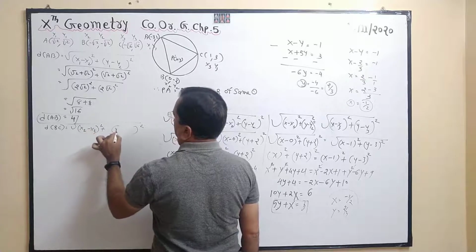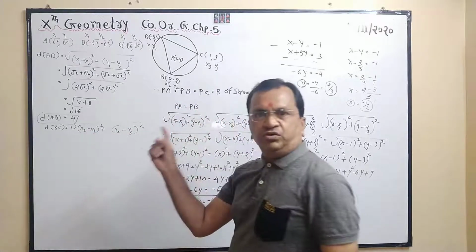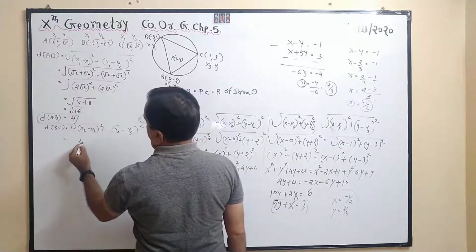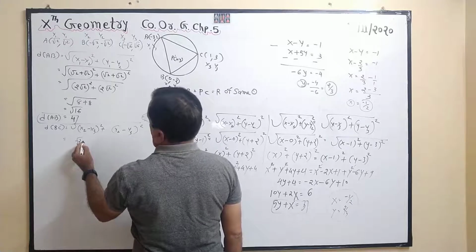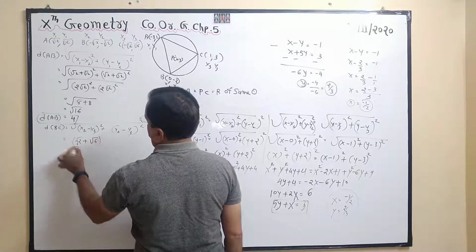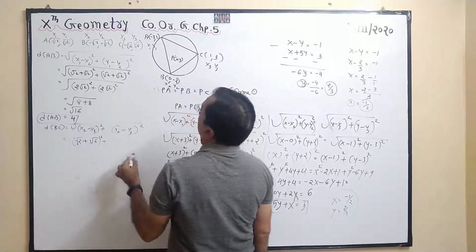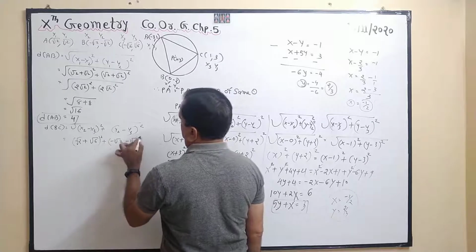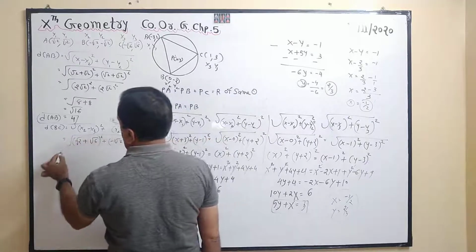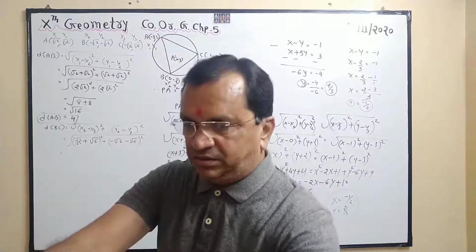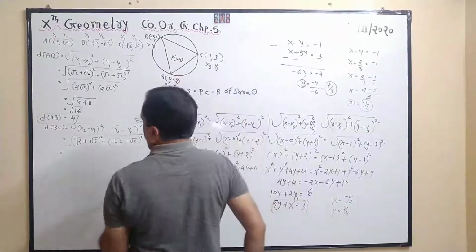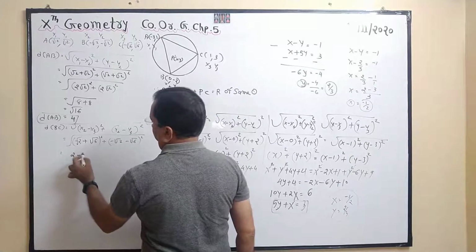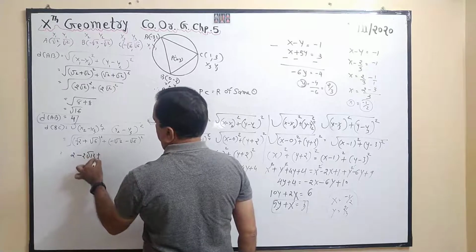x2 minus x3, y2 minus y3. 1 2, 2 3, then 3 1. So now this is minus root 2 minus root 2 minus minus plus root 6. Minus root 2 minus root 6 square. Now we will find out square of this: root 2 square is 2, plus and minus, so it is minus 2 root 12 plus 6.